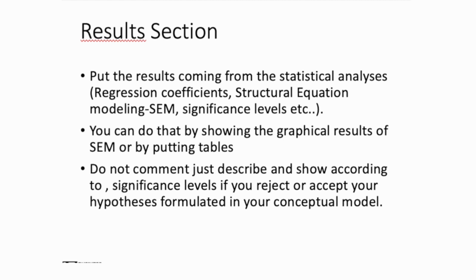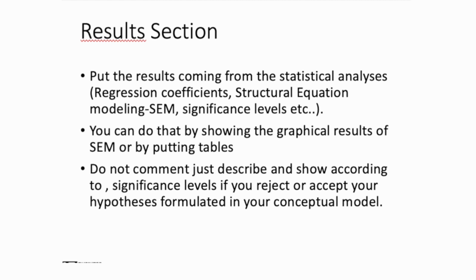Do not comment, because this is done in the discussion of the results section. So do not comment, just describe and show, according to your hypotheses, the significance levels, whether you reject or accept the hypotheses formulated in your conceptual model.